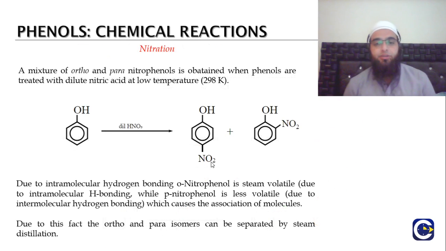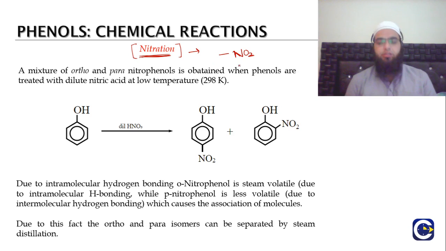Now let's look at the first reaction that we are going to discuss here, the nitration of phenols. Nitration is the addition of a nitro group, that is the NO2 group. This nitro group is added to the aromatic part of the phenol, that is this ring.